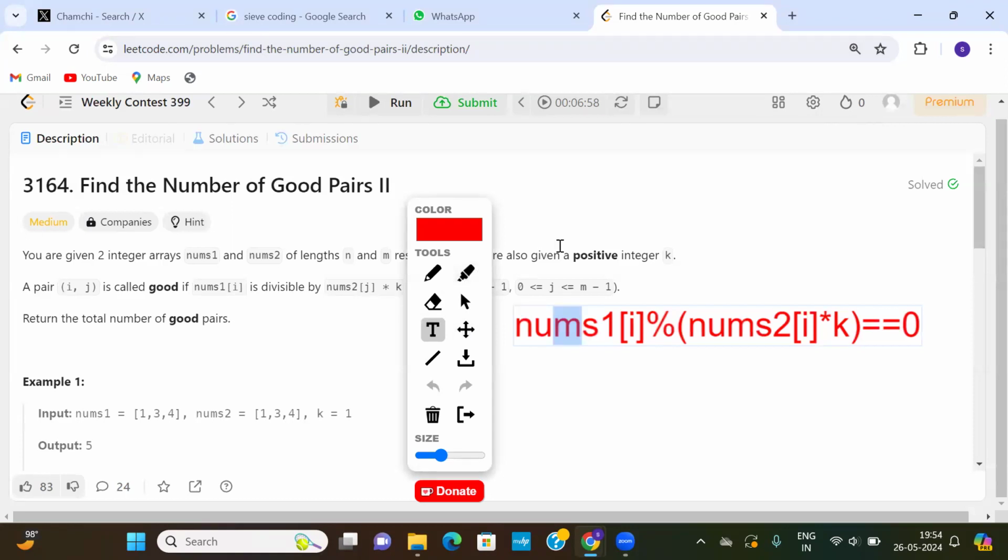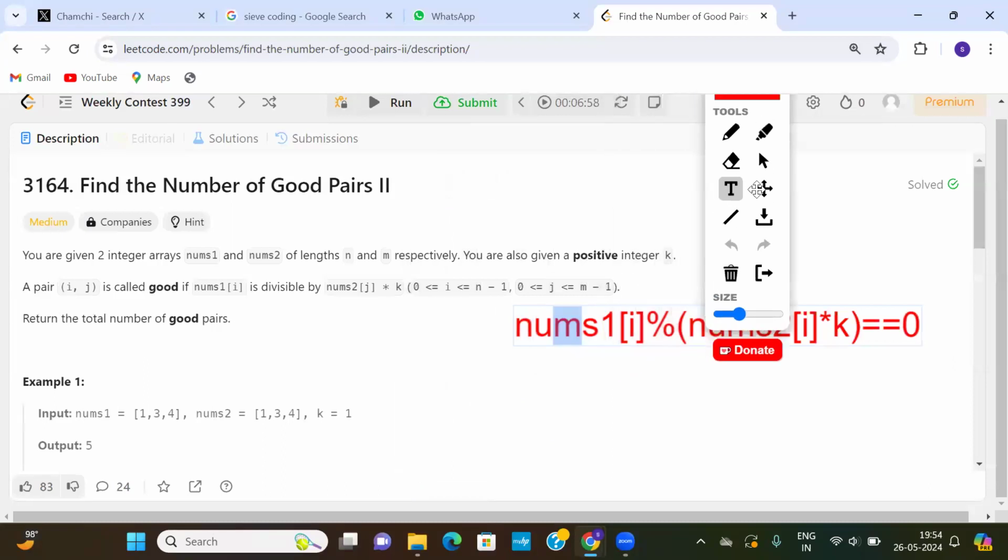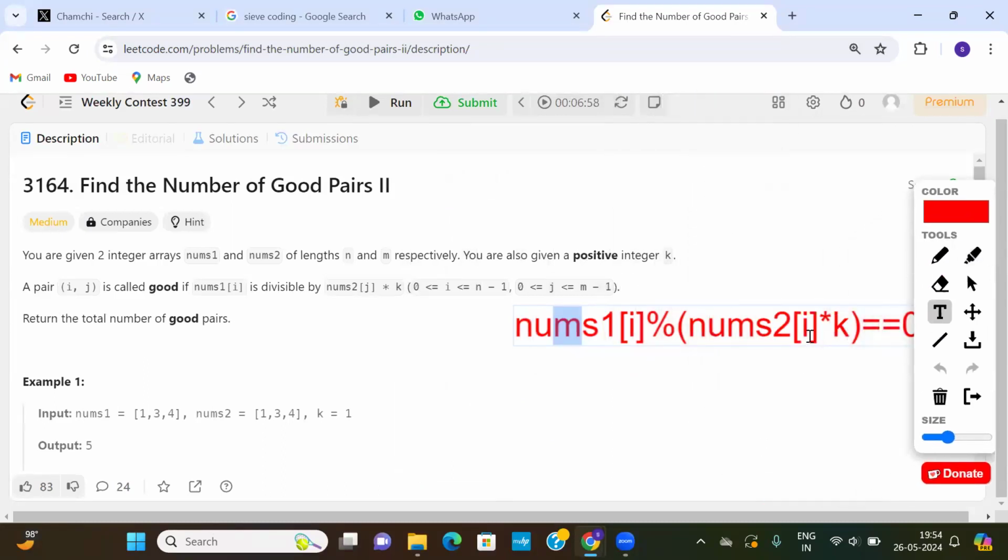So we cannot use the big O of n square approach. The first thing we will do is assume nums2 at the jth index multiplied by k as one variable, that is x. nums1 at index i mod x equals 0. So the very first step is to modify our nums2 array: we multiply each element with k.